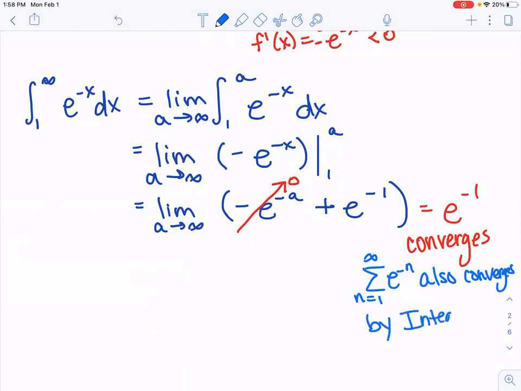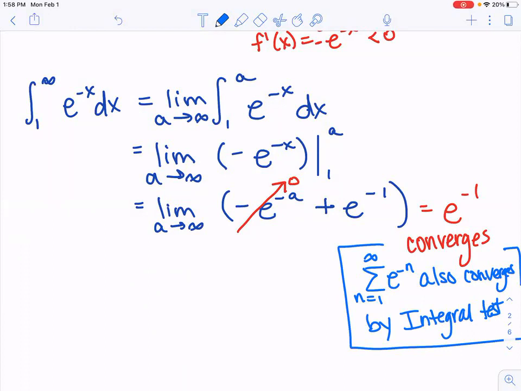by the integral test. So the integral converges to 1 over e, but we just know that the series converges, we don't know where. Correct. Did everybody hear that question? The integral converges to be e to the negative first, but that only tells us that the series converges. Jacob.